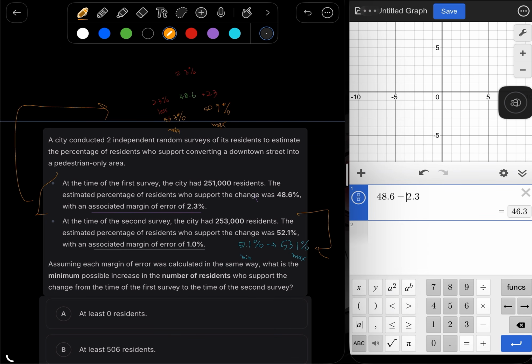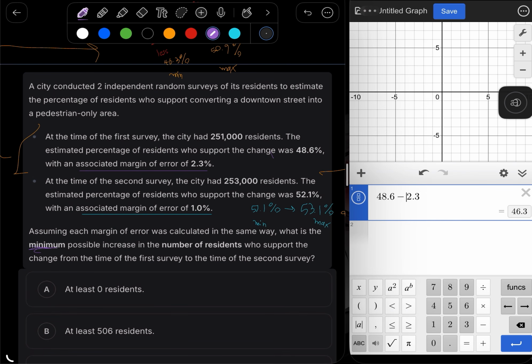All right, so now let's look at what the question is asking. It's asking what is the minimum possible increase in the number of residents who support the change. So, of course, there's two surveys here. They're asking us to find the least possible increase in the number of residents that supported the change between these two surveys.